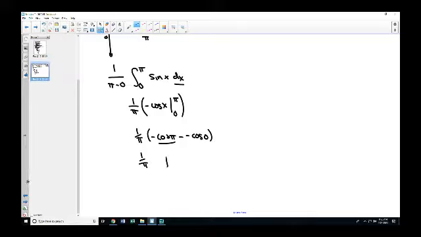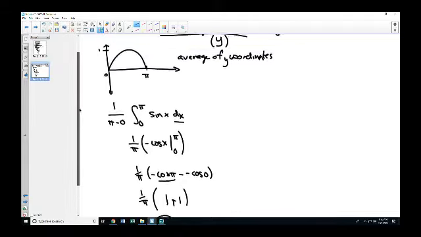What did I tell you? Minus, and then cosine of 0. 1. The opposite of that, -1, but the opposite of that is, you get 2 over pi. Okay. 2 divided by pi. Anybody know the decimal?